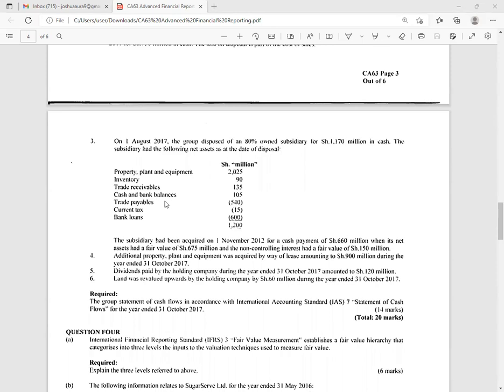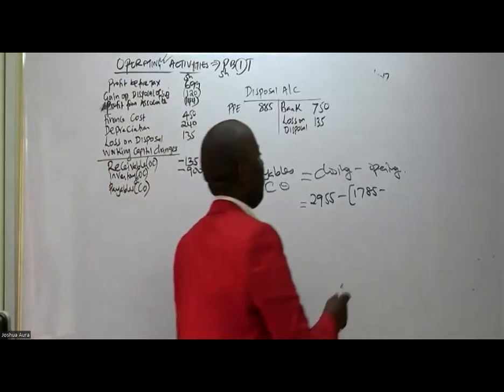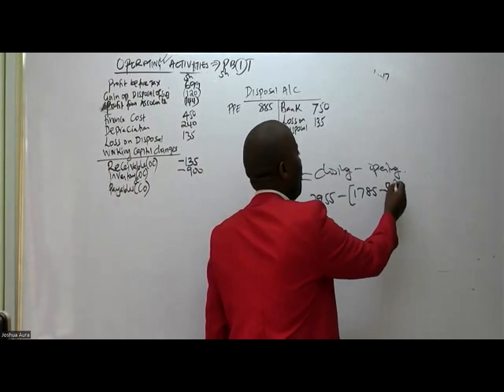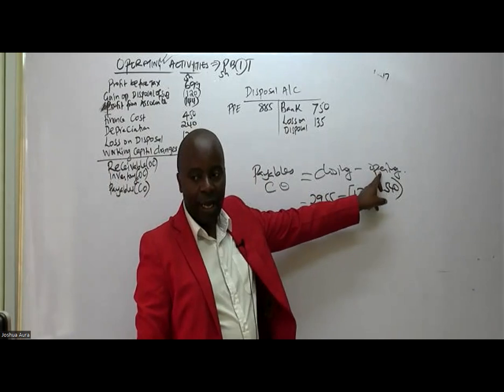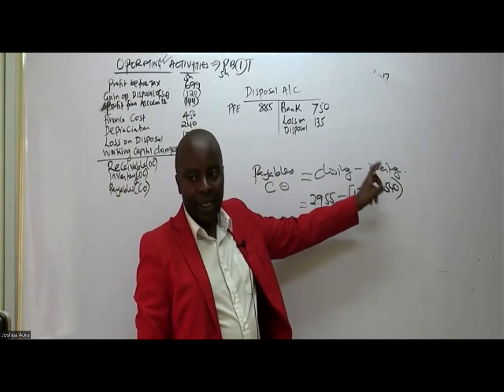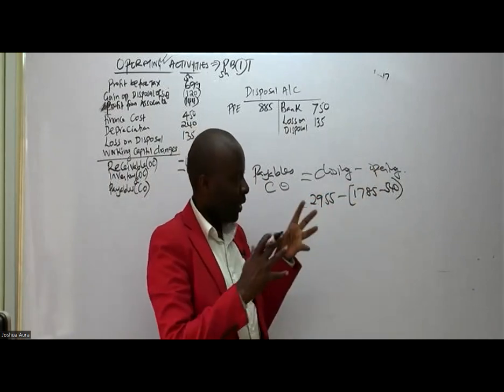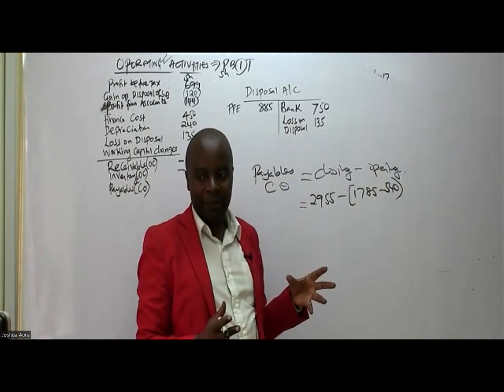Oh yes, it had payables of 540. Remember, don't take it as a negative. The payables left with the subsidiary, so I shall always adjust them in the opening and put the opening in brackets.